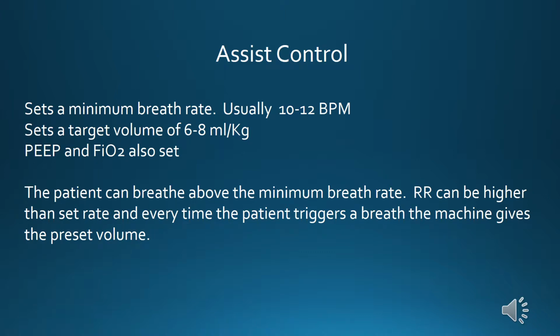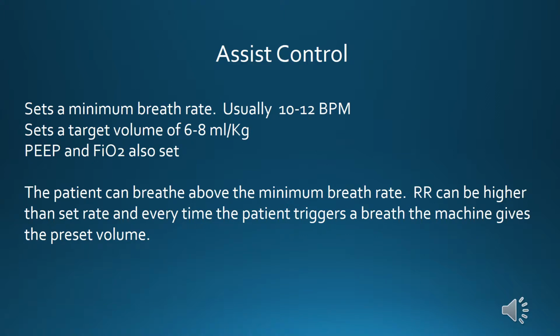I'll talk a little bit about the assist control mode of ventilation. You usually set a minimum breath rate, and ideal is in the 10 to 12 range. It can be as low as 8. You want to set a target tidal volume. What's considered a safe tidal volume in this day and age is roughly 6 to 8 milliliters per kilogram.